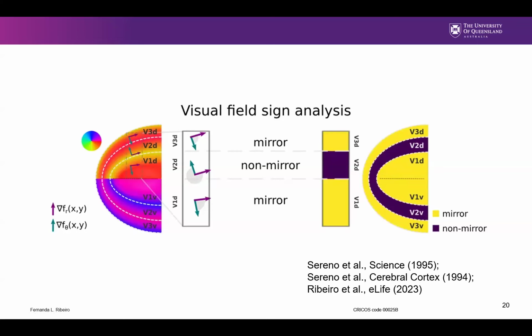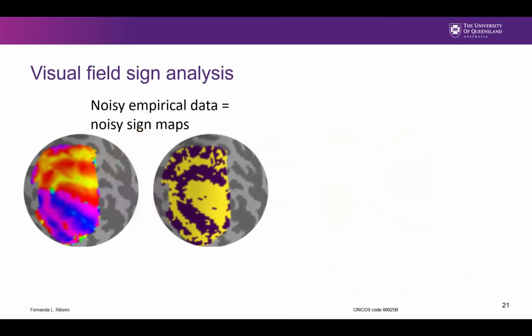It's very objective. But most people don't use this analysis on their empirical retinotopic mapping data, because when they do it, they kind of get a crap out of it, because empirical retinotopic maps are very noisy. So the sign maps will look a bit ugly as well and not very helpful.